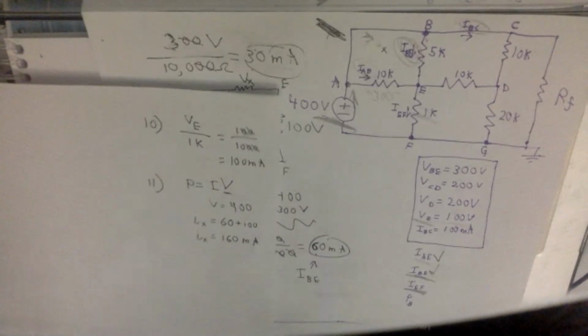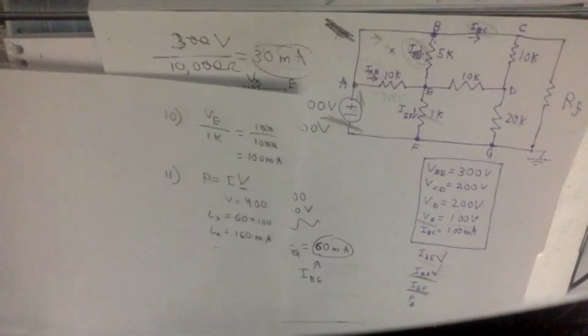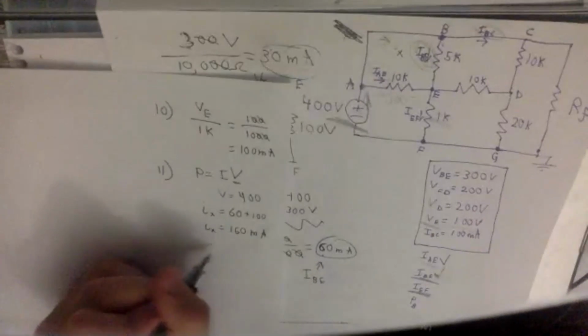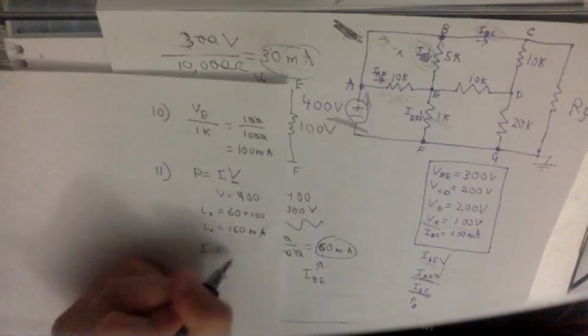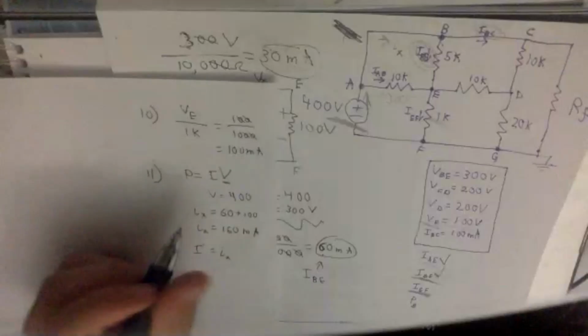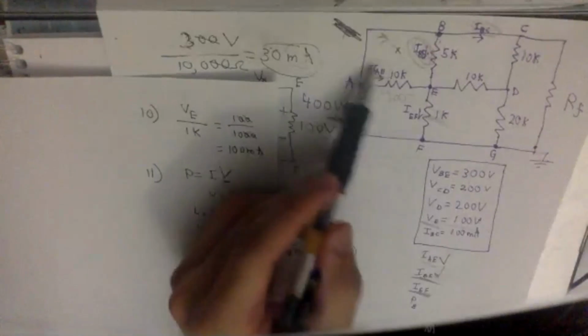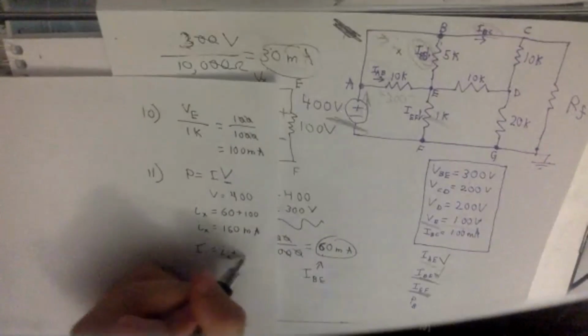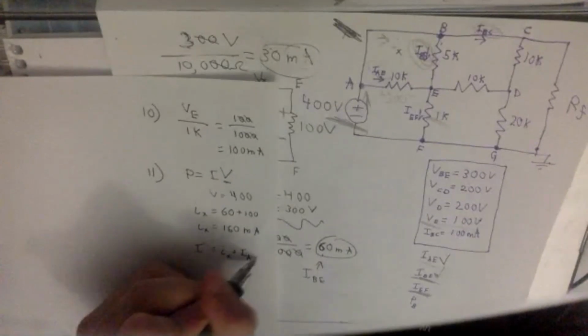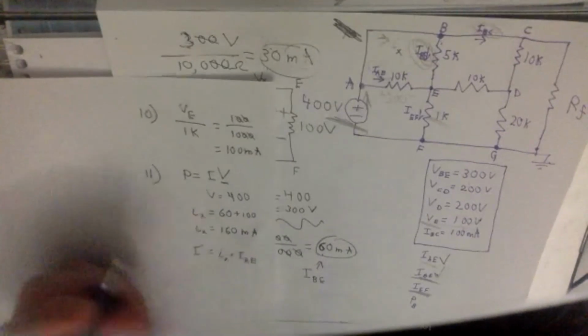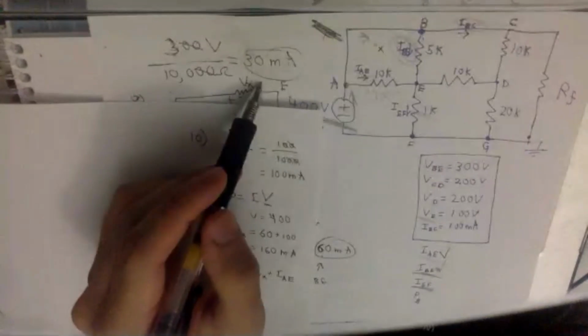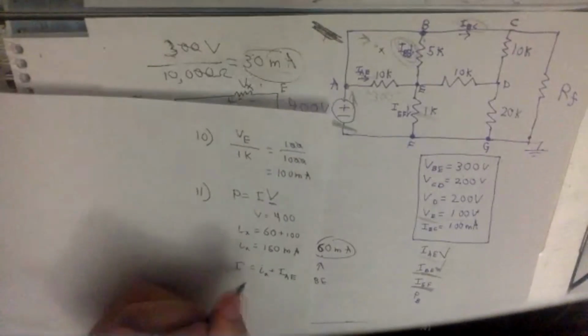And the I we want, capital I, is going to equal IX plus this one right here, plus IAE, which we found to be 30 milliamps.